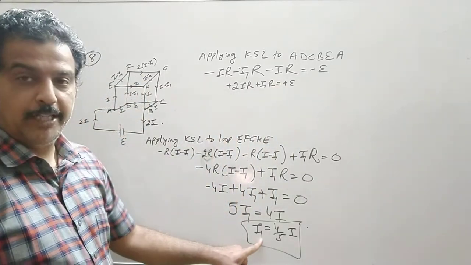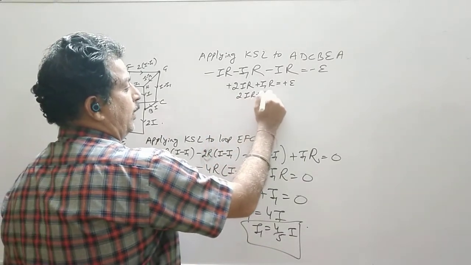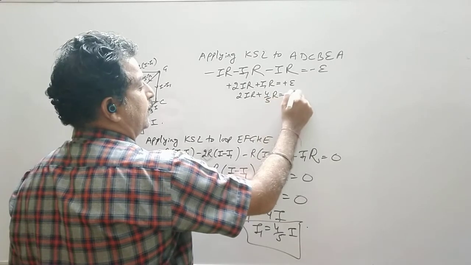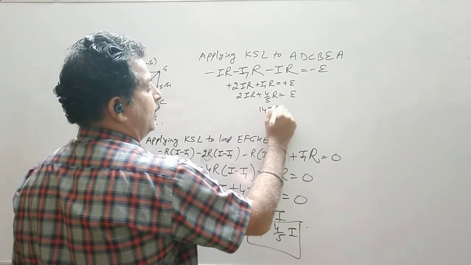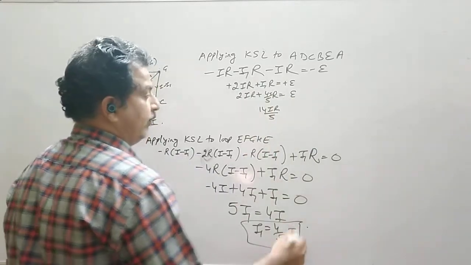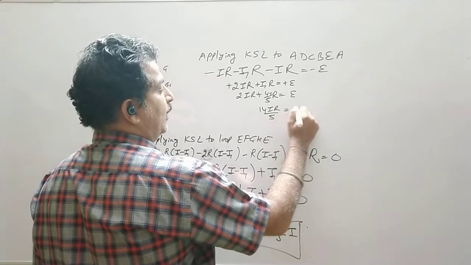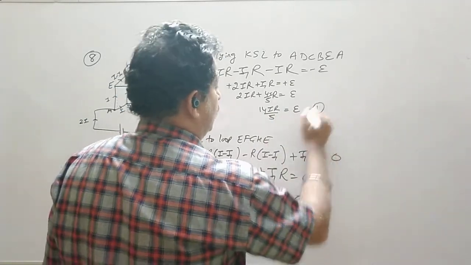In place of I1, we write 4 by 5 I. So 2IR plus 4 by 5 IR is equal to E. So it becomes 14IR upon 5, here we have I and 4 by 5 I. So 14IR upon 5 is equal to E. This becomes our equation number 1.